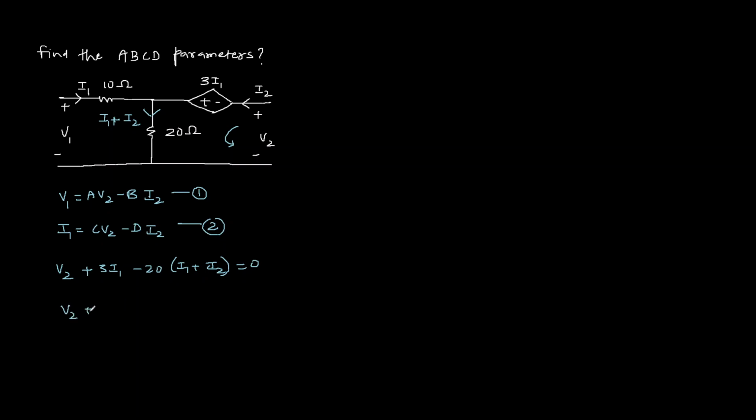So V2 plus 3I1 minus 20I1 minus 20I2. So V2 minus 17I1 minus 20I2 equal to 0. So it is 17I1 equal to V2 minus 20I2.